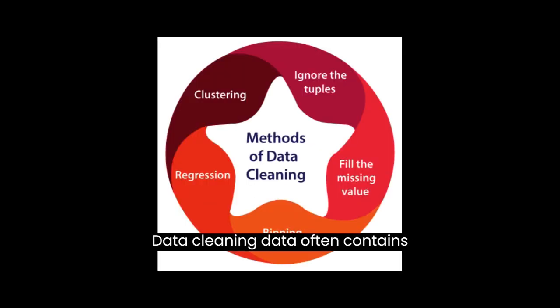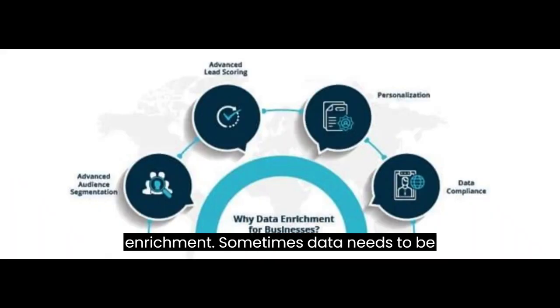Data cleaning. Data often contains errors, missing values, duplicates, and inconsistencies. Data engineers must clean the data by removing or imputing missing values, identifying and eliminating duplicates, and standardizing data formats. Cleaning ensures that the data is accurate and reliable. Data enrichment.